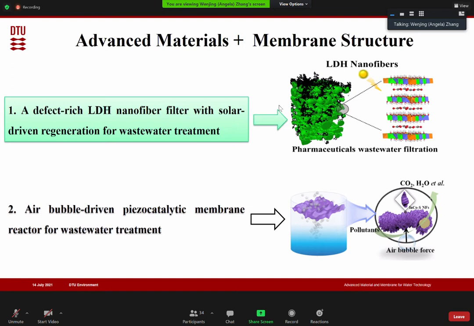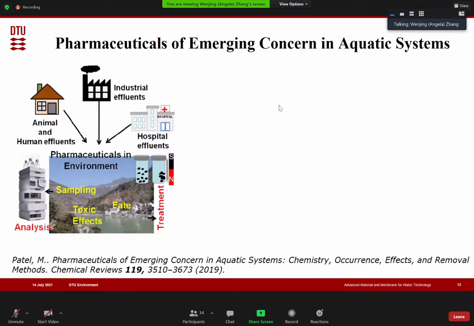So the two projects, the first one is to combine absorption and photocatalysis to treat wastewater from the pharmaceutical industry. So micropollutants have become quite a severe problem in environmental engineering, especially pharmaceuticals of emerging concern in aquatic systems.